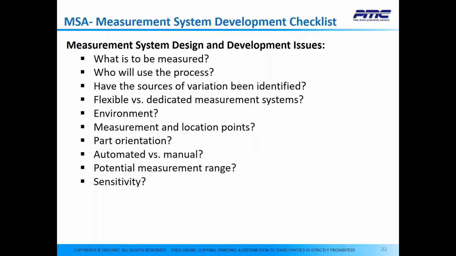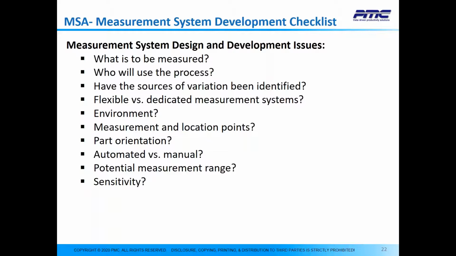When you decide what is to be measured, you also need to know for what purpose the results or the output of the measurement process will be used. Then, who will use the process?